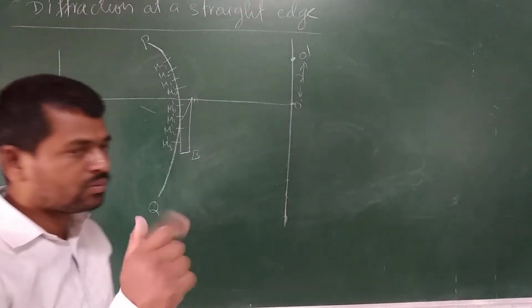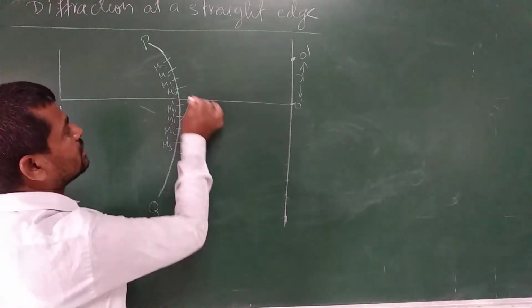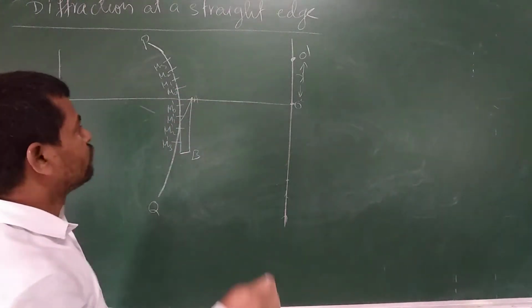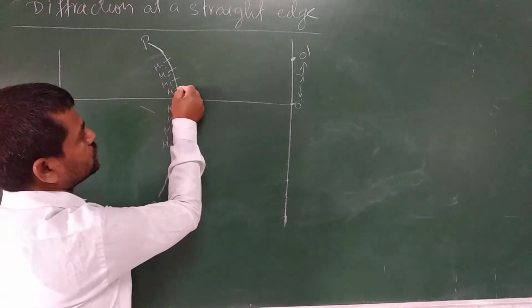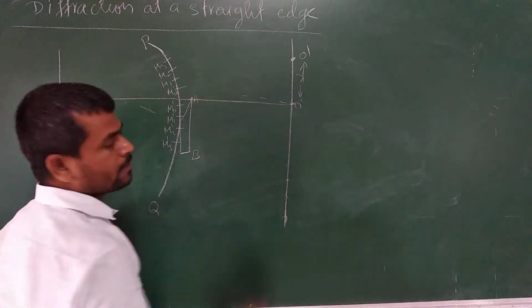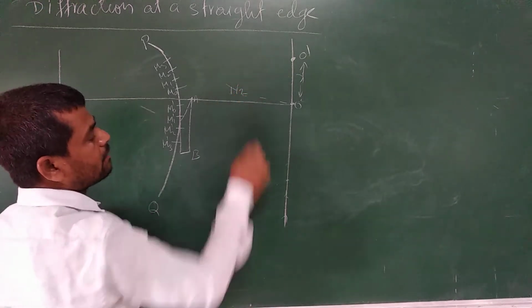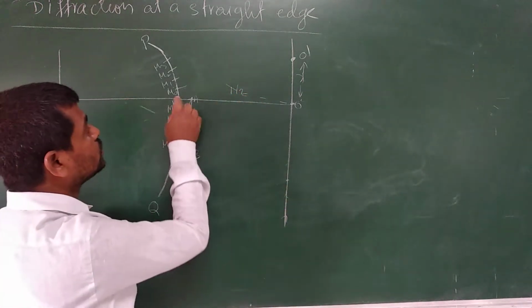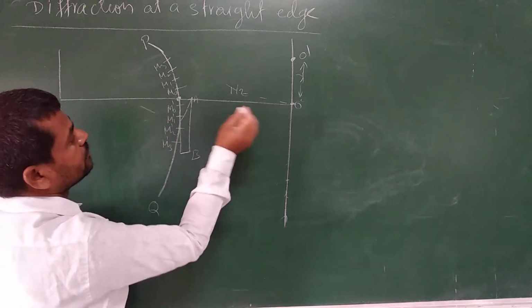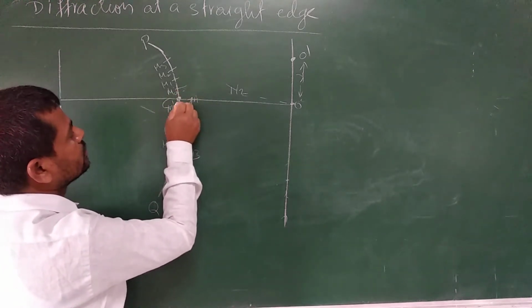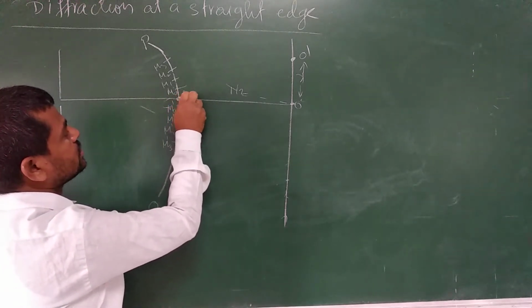But one more thing you have to consider: the light which is coming from the M naught zone towards O, what is its path difference? Let this point be the C point. This is the C point.